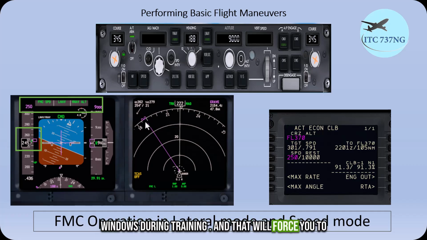That will force you to understand this mode control panel system, having you operate the knobs and make those changes on the appropriate instruments. And it will help you develop a habit pattern of not only setting things correctly, but monitoring it and seeing that it is complied with what you attempted to do.